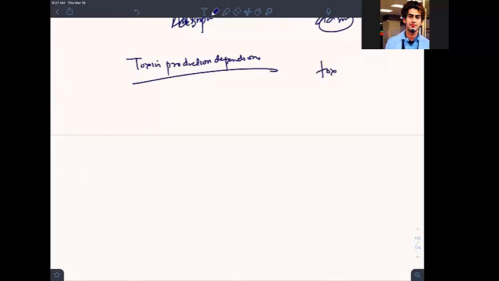If it has a tox positive gene, it is lysogenized by the phage and will produce toxin. So it depends on the phage.